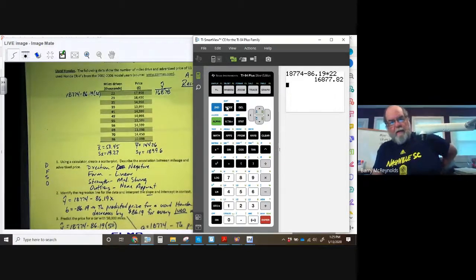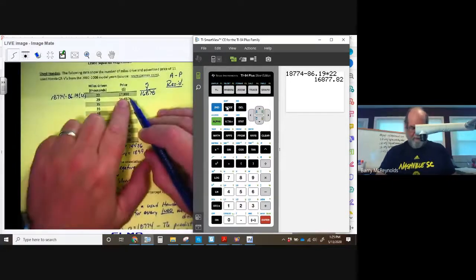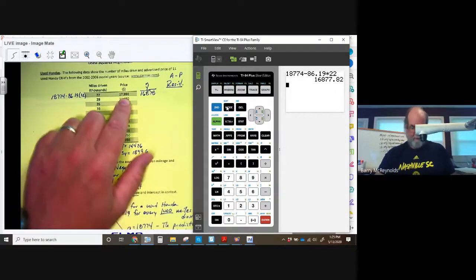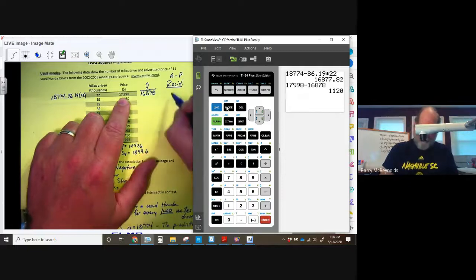So the actual price is this minus the predicted. We'll just type that in: 17,998 minus 16,878. And so the residual is $1,120.